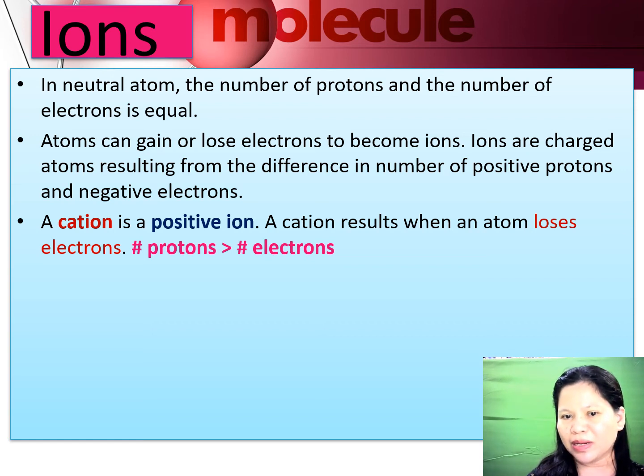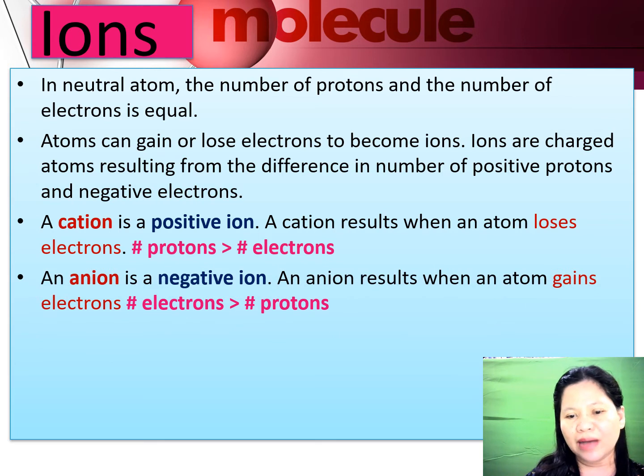A cation results when an atom loses electrons. You see? If it is positive, electrons are lost, or there is removal of electrons. So therefore, the number of protons is greater than the number of electrons.